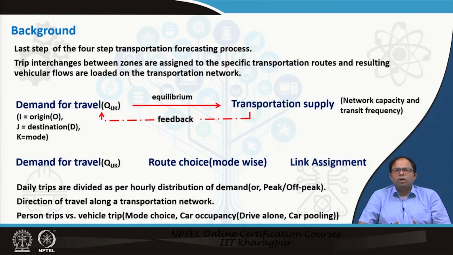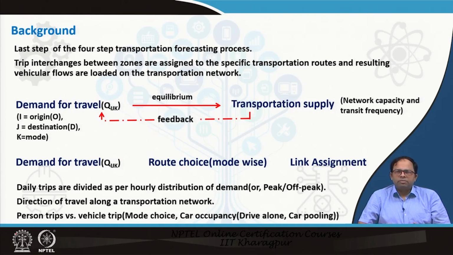So QIJ volumes have to be converted into vehicle trips. That depends on mode choice as well as car occupancy. That means, of course, if a person goes by transit, we definitely know from which stop he is going to which stop, and we will assign that person to that particular transit route, and then based on the transit capacity, we will determine whether he would be able to go along that particular route or not.